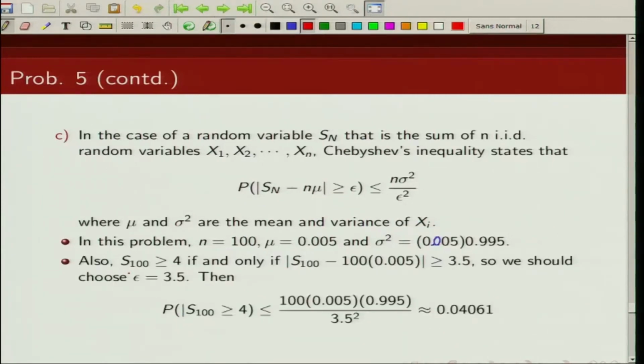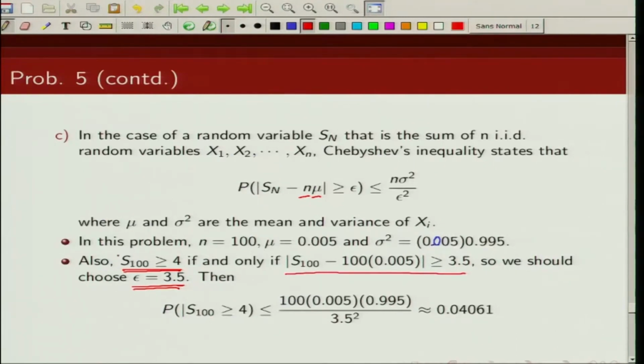We are interested in knowing that the sum of ones is greater than or equal to 4. So we choose our epsilon in such a way that the sum of these 100 bits comes out to be greater than or equal to 4. For the given value of n and mu, our epsilon should be chosen as 3.5.